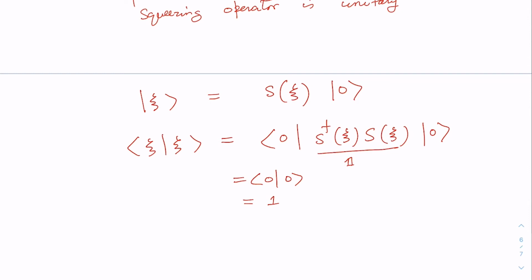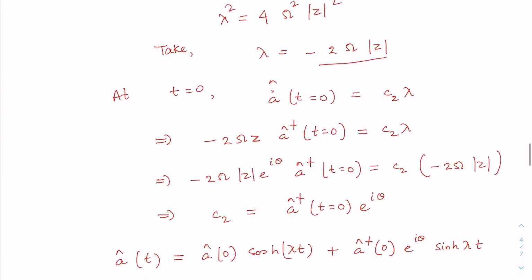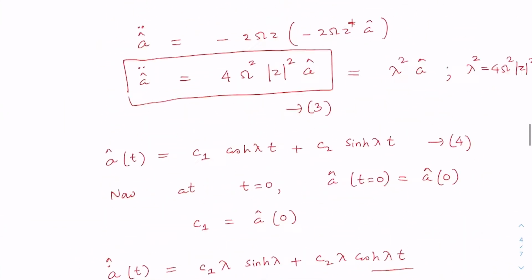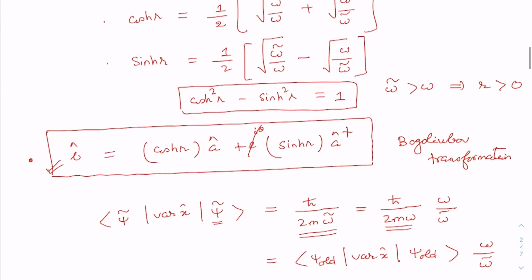Let me reiterate that when we originally obtained the expression for the annihilation operator from our elementary treatment, we did not have this term e to the power i theta there, because we assumed the direction of squeezing to be along a particular direction, in this case the x direction.